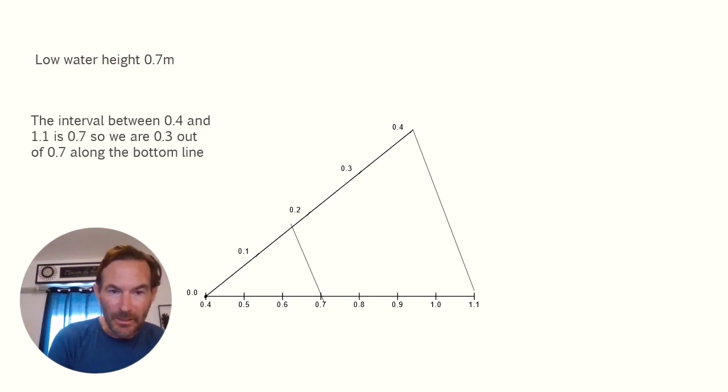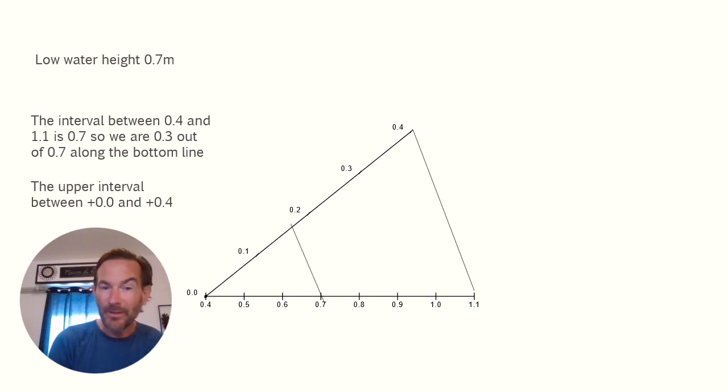That line is 0.7 long, so we're 0.3 0.7ths, if you like. So you can think of this line going all the way here, 0.7, we're 0.3 0.7ths, the same as 3/7. We'll call it 0.3 0.7ths of the interval along the top, which in this case is 0.4. It starts from 0.